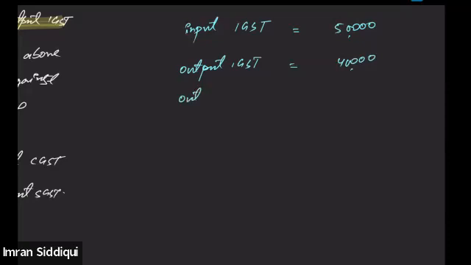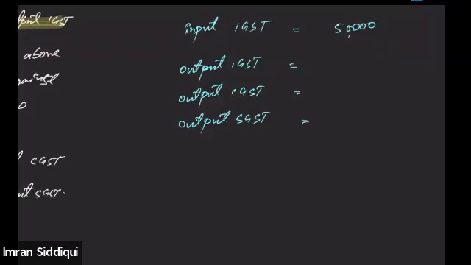We collected output CGST as well, let's suppose this is 5,000, and we also collected output SGST at the rate of, just a second, let me change the values.